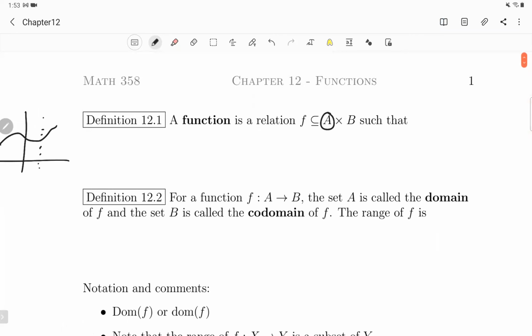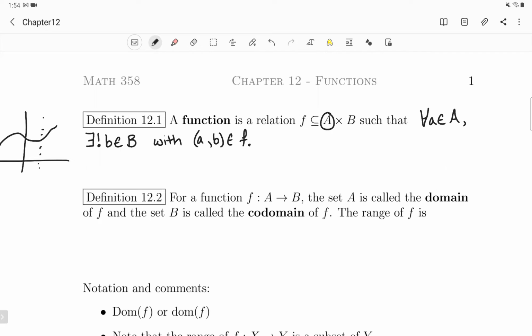All right, so such that for every little a in big A, there exists a unique little b in big B with ordered pair AB an element of F. All right, so you see that means I have to use every single element of that first set, which you know is called the domain for a function.